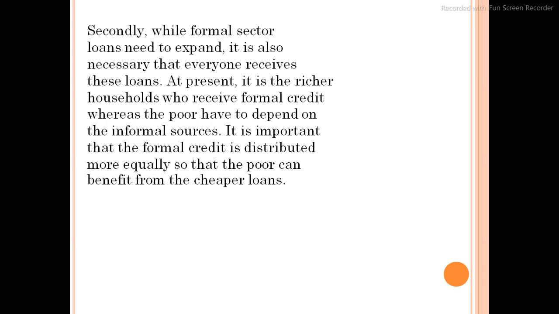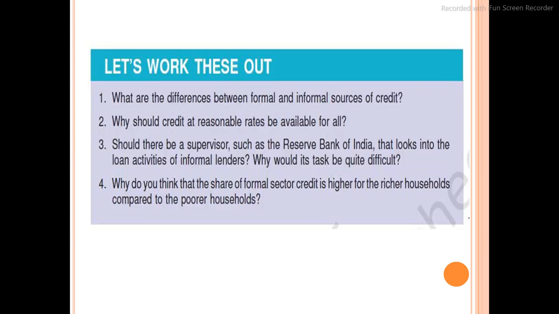Sorry for that. It is important that the formal credit is distributed more equally so that the poor can benefit from the cheaper loan. So dear cadets, today in this class we have covered the point of formal and informal systems of loan. Here, let's work these out.